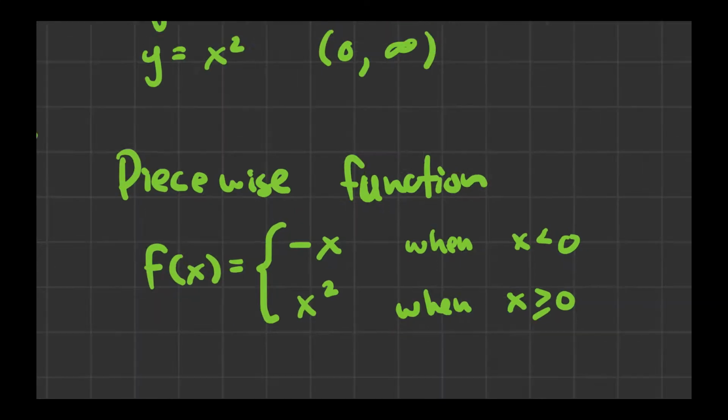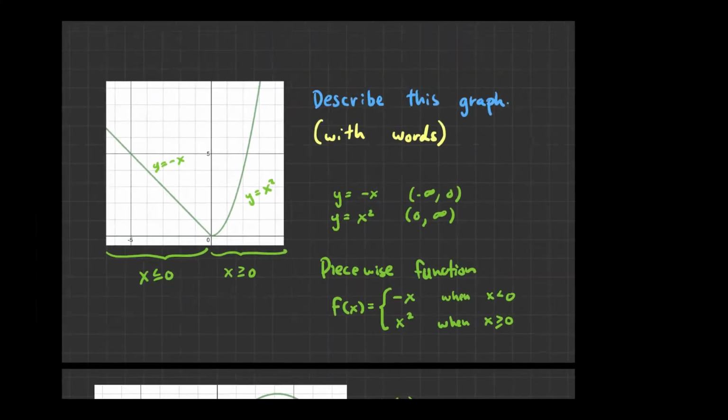There may be situations, like maybe if we had a different function that goes here, and then this function over here, where we would have to specify what happens at 0. Are we including this function or this function? So we have to be a little bit careful about that.